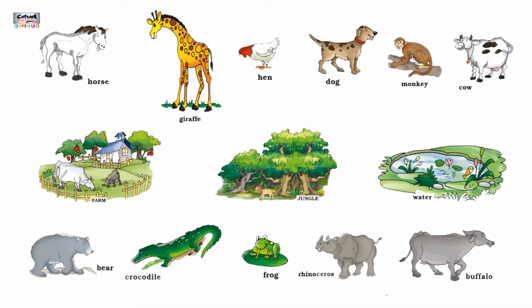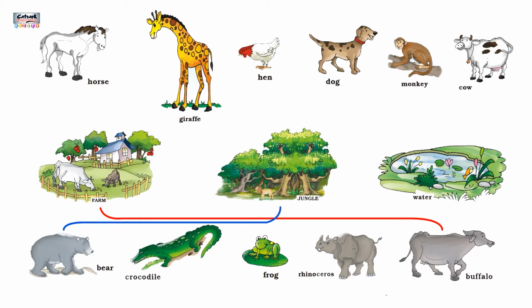There are farm animals, water animals, and jungle animals in this picture. Help the animals reach their homes, draw lines. Buffalo, farm. Bear, jungle. Horse, farm. Hen, farm.